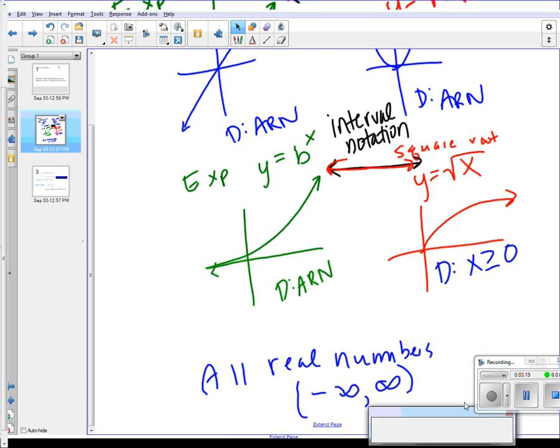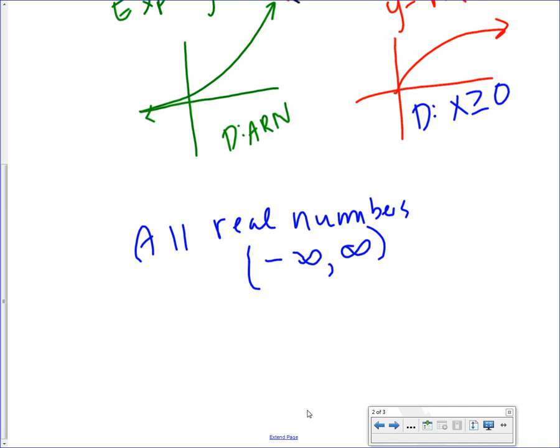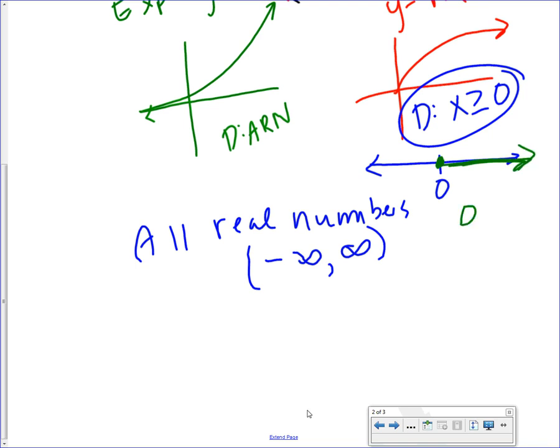What about the square root function, where the domain was not all real numbers? It started at 0 and went to positive infinity. So if we think of this like a number line, the domain starts at the number 0. It includes 0, and then it goes to positive infinity. So the interval is from 0 to infinity.